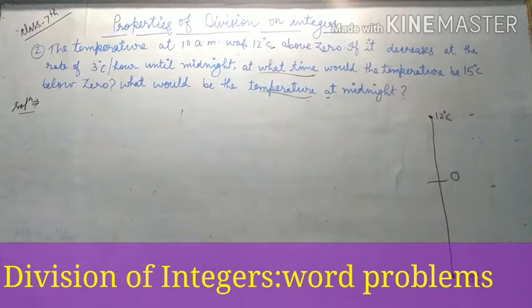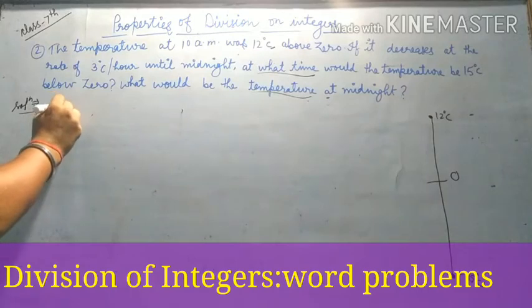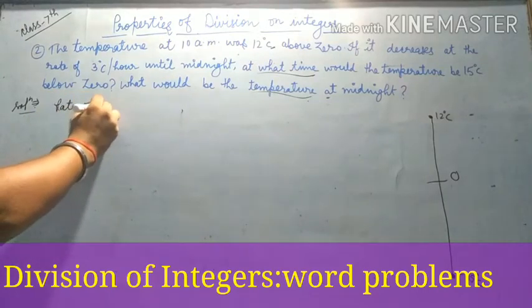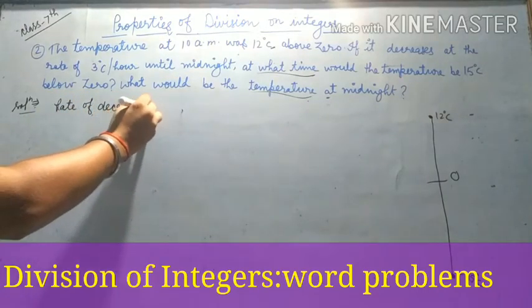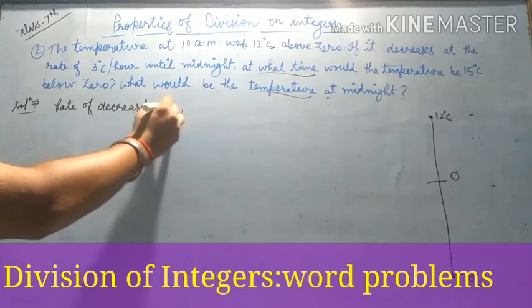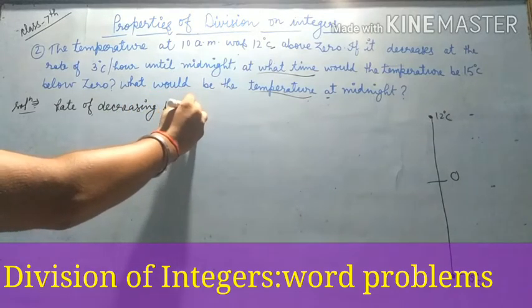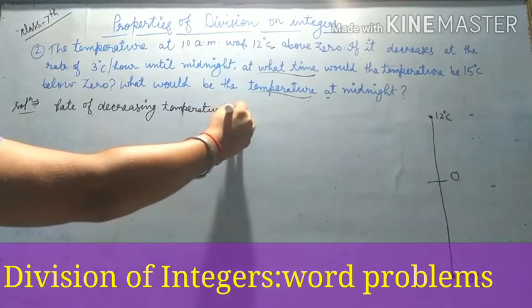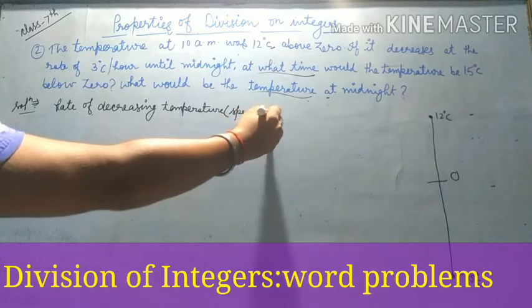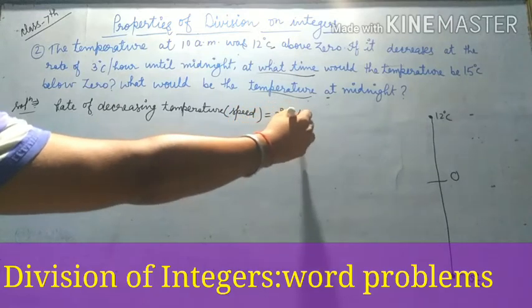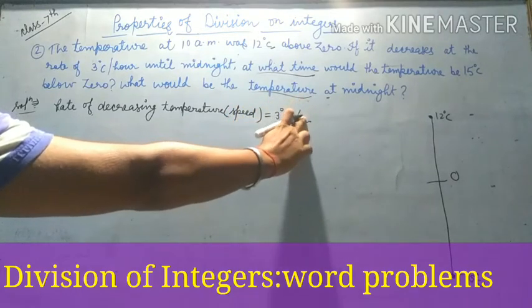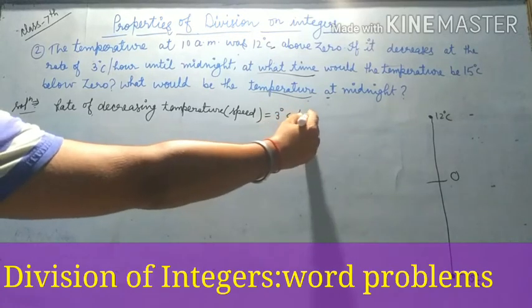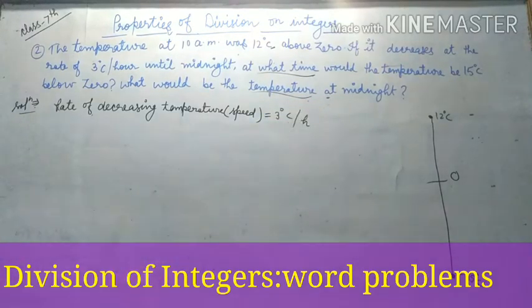Firstly, we have the rate of decreasing temperature, means speed: 3 degrees centigrade per hour. Okay.